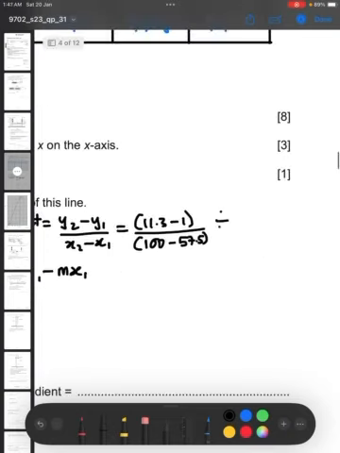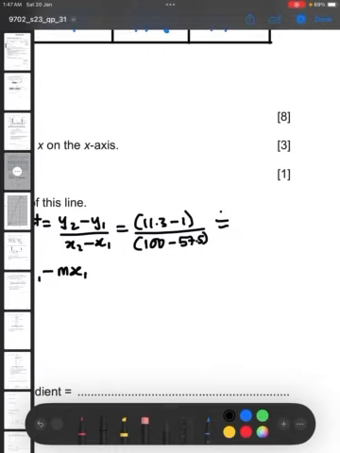I'll punch it in the calculator. I'll say 11.3 minus 1 over 100 minus 57.5.